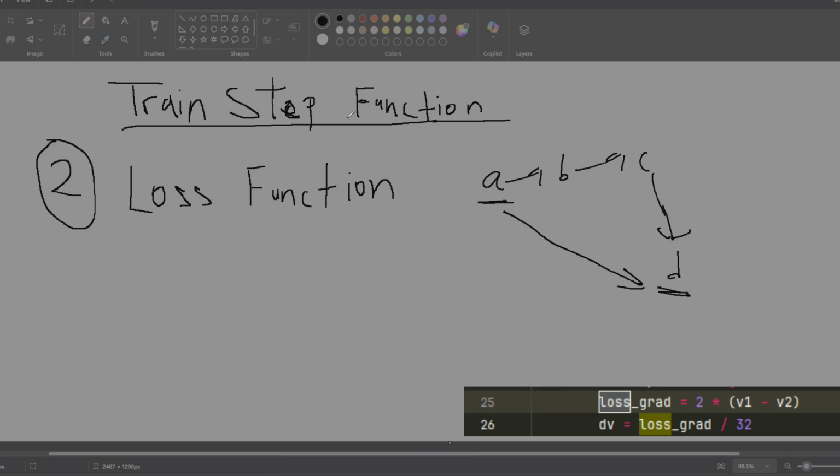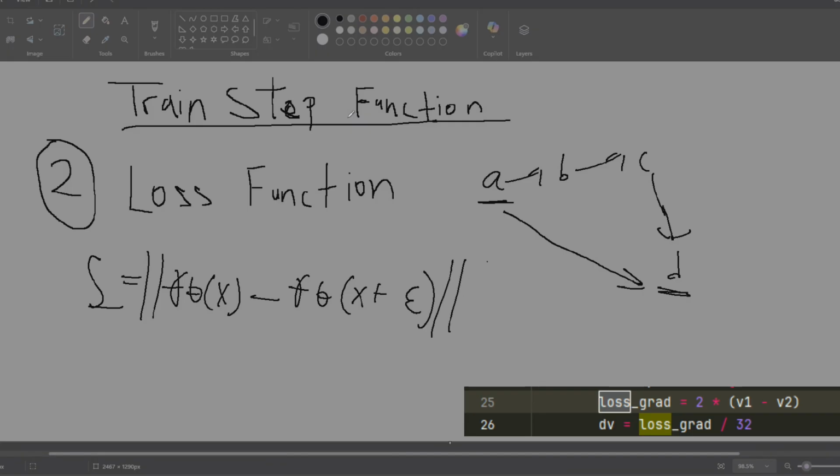So let's first define this function and see the equation. So this is going to be f theta of x minus f theta of x plus epsilon, squared.